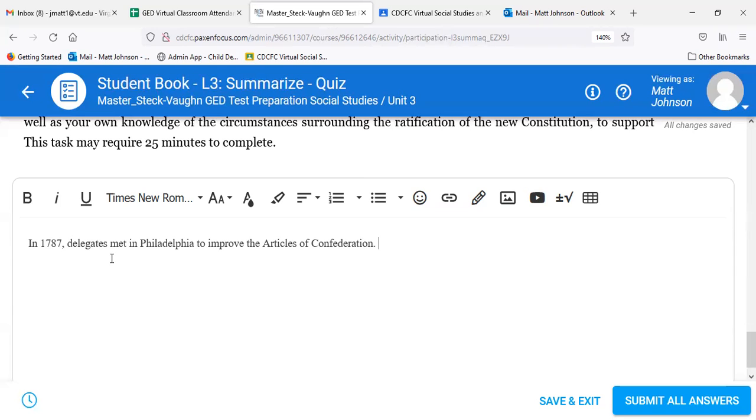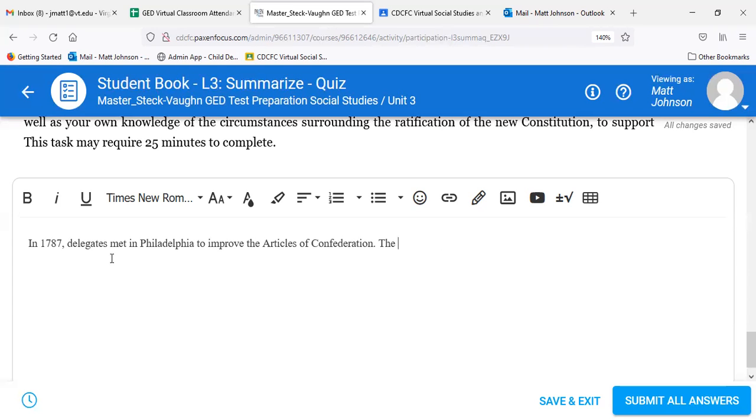So the delegates, let's see. Let's see. Want to put in something about the situation with the Articles of Confederation, right? And how the delegates were concerned about it.